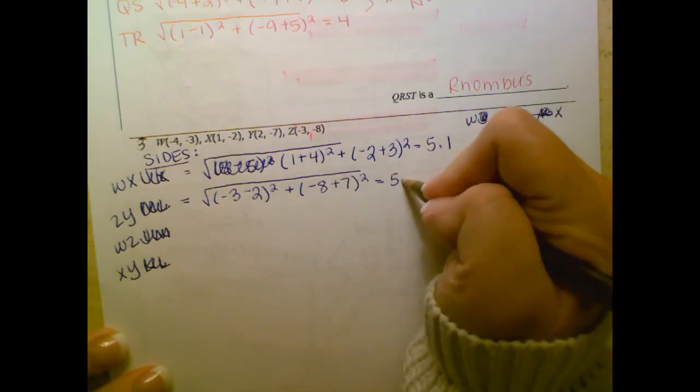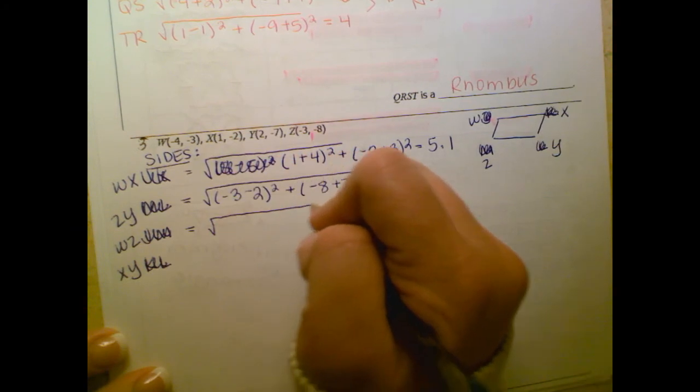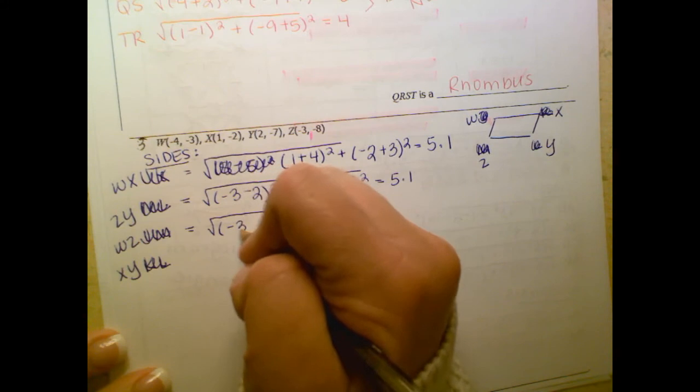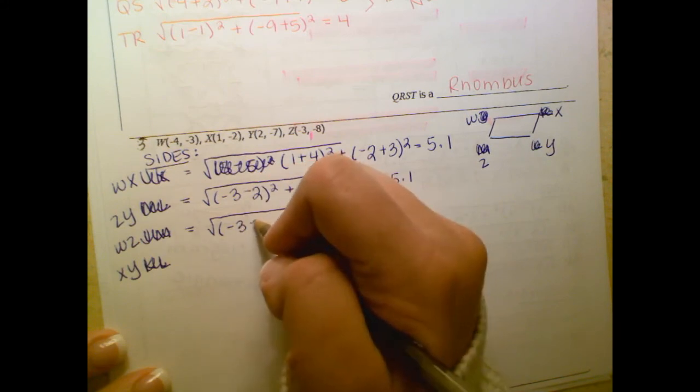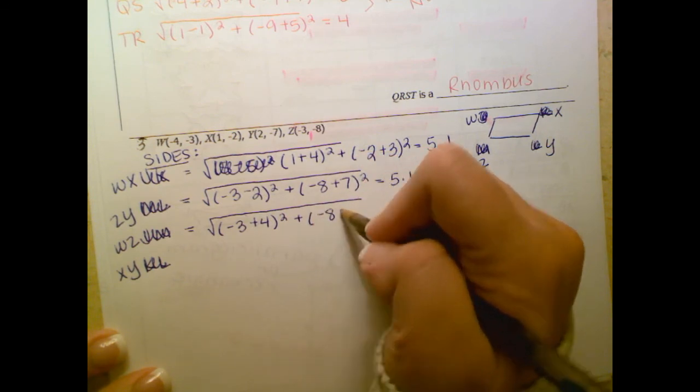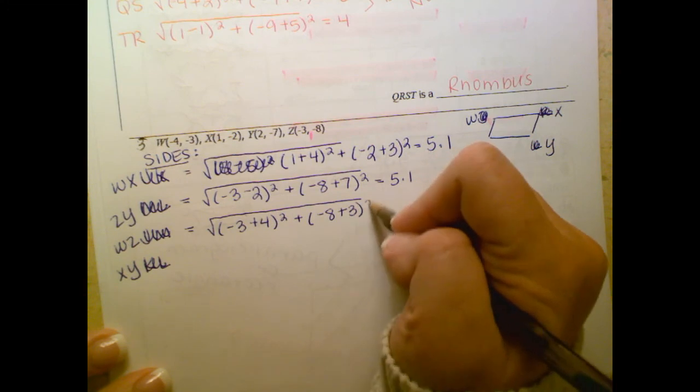So that is also 5.1. Negative 3 minus a negative 4 makes it a plus 4. Negative 8 minus a negative 3 makes it a positive 3.